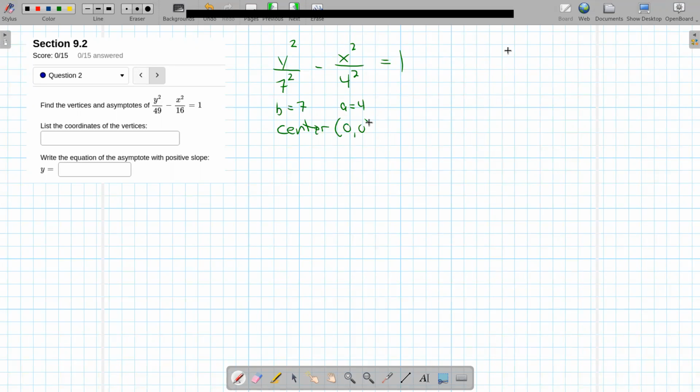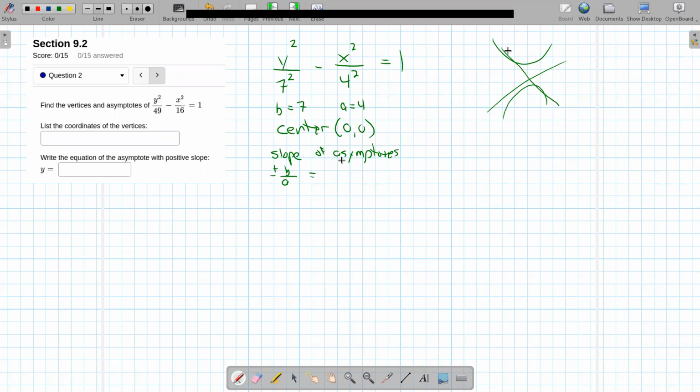0, 0. Now notice we have a y squared minus an x squared, so that one's going to be oriented up and down, and we just need to find those asymptotes, which is related to the a and the b. So the slope for the asymptotes is going to be my b over a, plus or minus.